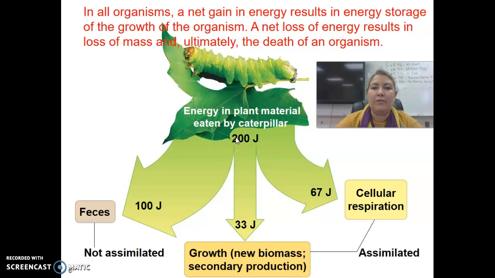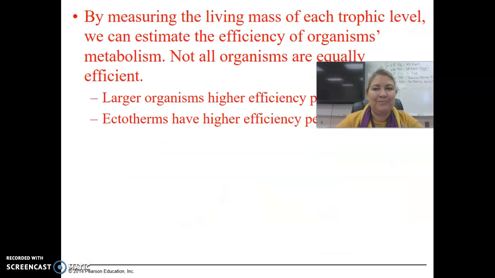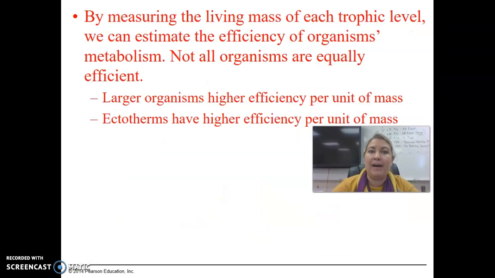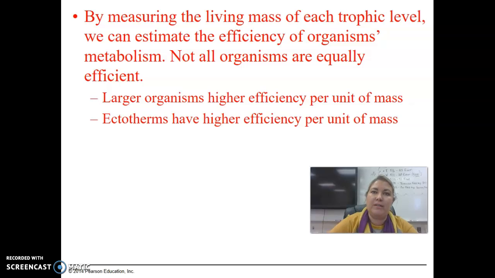So we're assuming that everything that is eaten but is not put into the caterpillar or expelled as feces is going to be lost through cellular respiration. That is the energy that's burned and the calories that are not available for some creature that may eat your caterpillar. So by measuring the living mass, we can generate an estimation of efficiency.